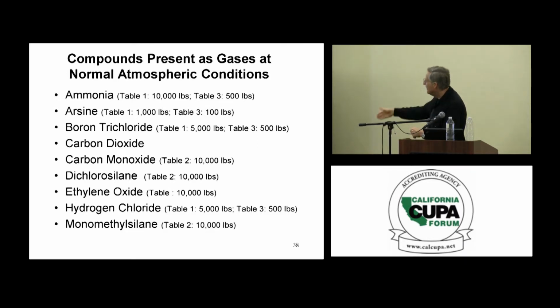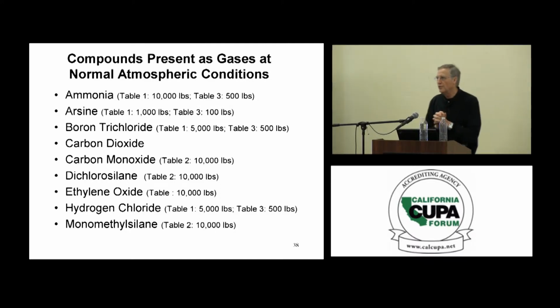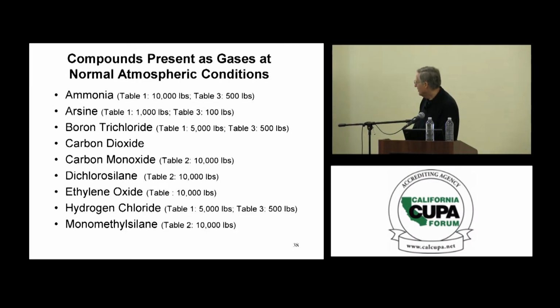I've listed gases that you will typically find in your jurisdictions, whether it be boron trichloride in the electronics area, or monomethylsilane, or if you are in a petrochemical refinery operation, or a sterilization facility using ethylene oxide, or in a facility recovering carbon dioxide, or using carbon dioxide as a beverage carbonation source.